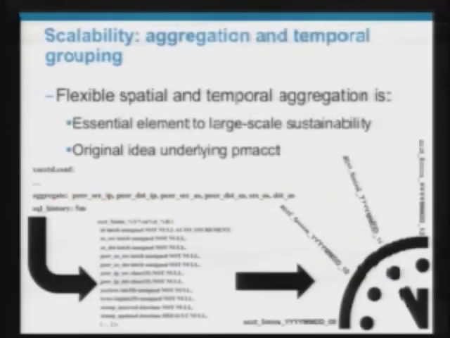So, moving to the backend, I would say that the main idea behind pmacct over time was that you need some sort of aggregation, because writing every microflow to the disk is not scalable, right?